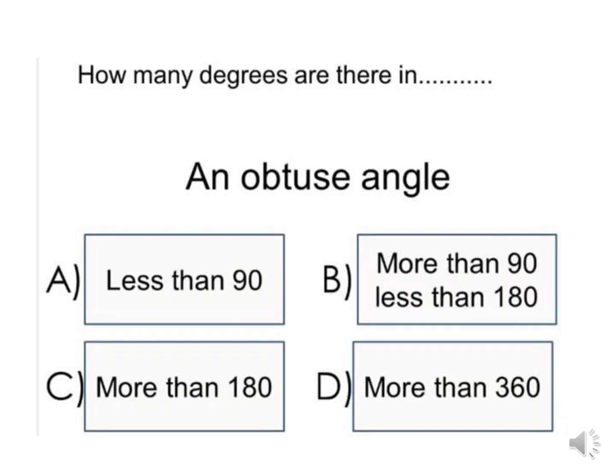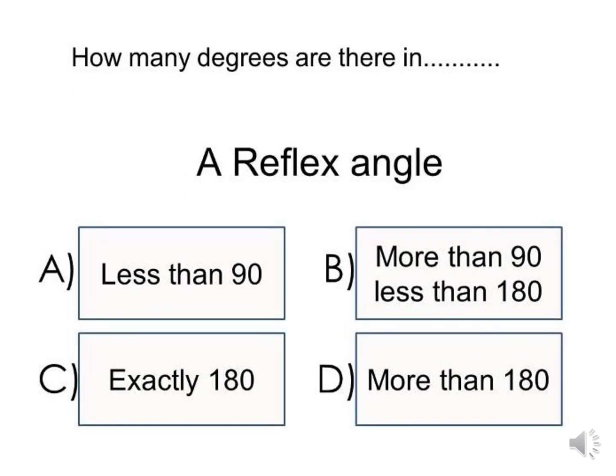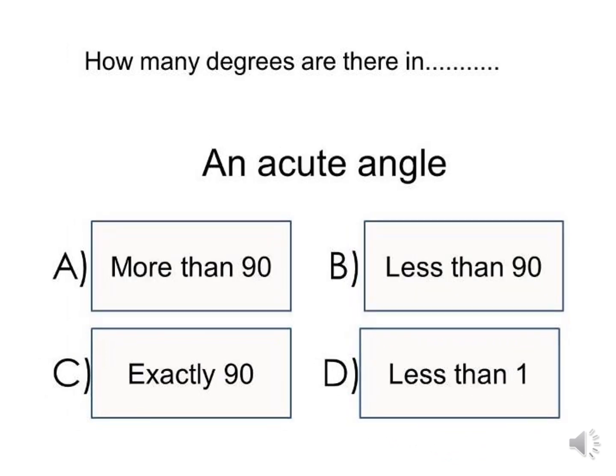Now, how many degrees are there in an obtuse angle, would you say? I want you to think about this one, and the answer would have been more than 90 and less than 180 degrees. What about a reflex angle? That would have been D, more than 180 degrees. And an acute angle, therefore, must be less than 90 degrees.